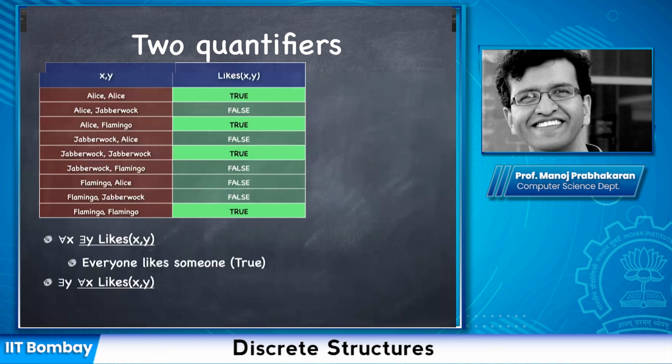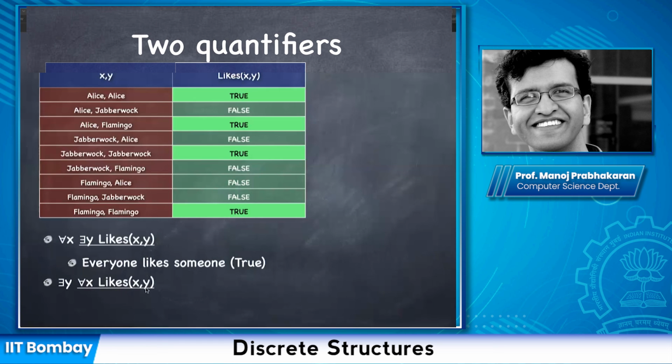Let me give one more statement and then see it in English before I expand on this. So here is a statement: there exists y such that for all x, x likes y. So what is this saying? There is somebody such that everyone likes this somebody, right?